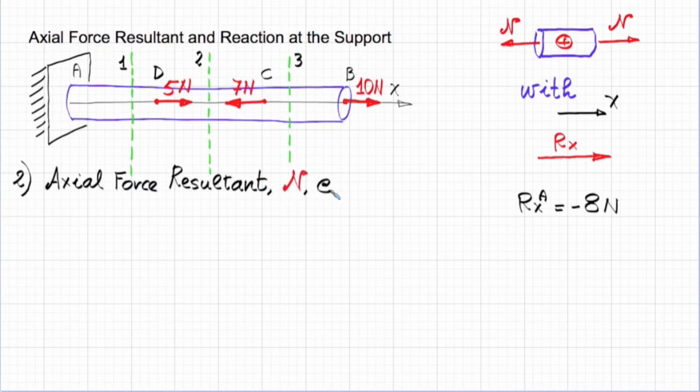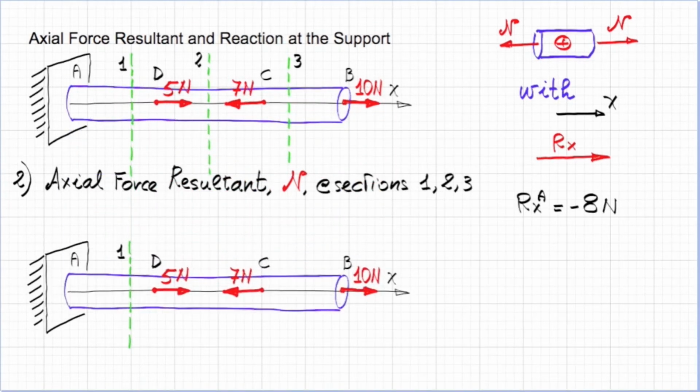The way we're going to do it is by cutting the bar at the sections in which we are interested and putting a portion of the bar in equilibrium. So let's start with section 1. If we cut the bar at section 1, we can then decide if we want to keep the portion of the bar to the left of the cut or the portion to the right of the cut. Let's start by keeping the section to the right of the cut.